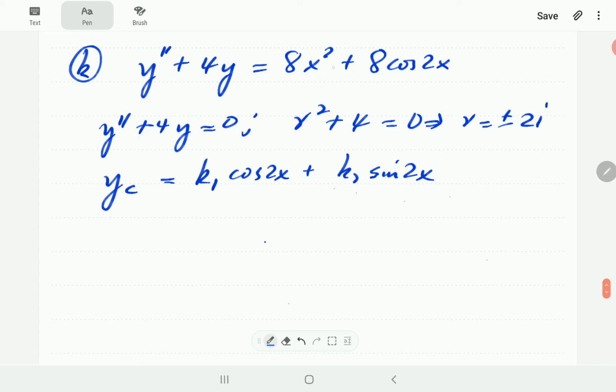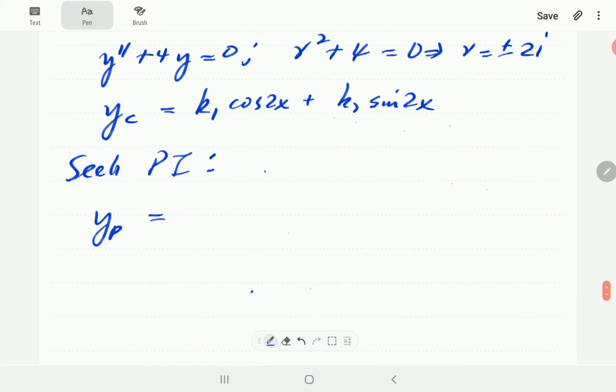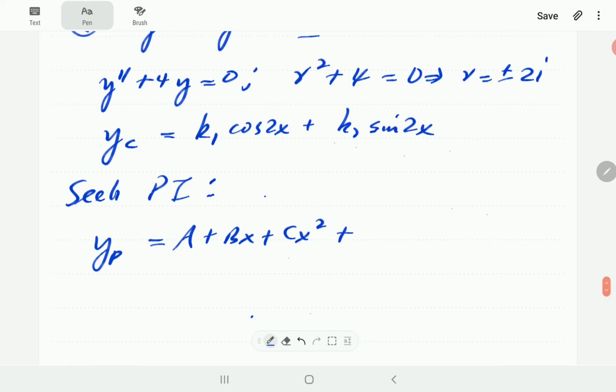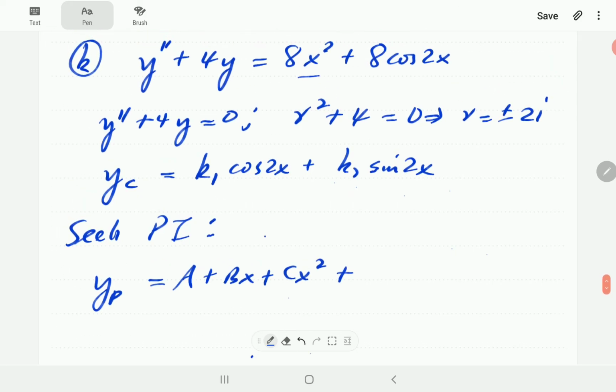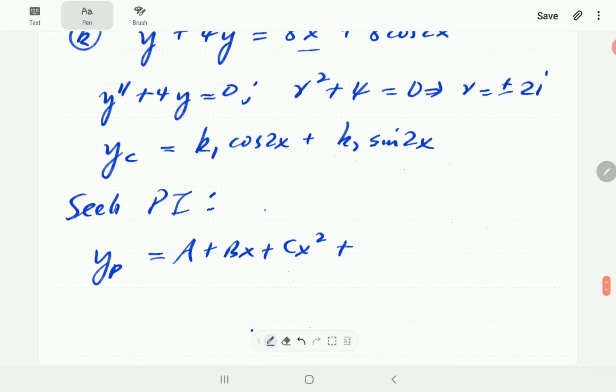Then the form of the particular integral yp. So we've got a quadratic here. So for that, we're going to have to write a plus bx plus cx squared. And then we have got an 8 cosine 2x.